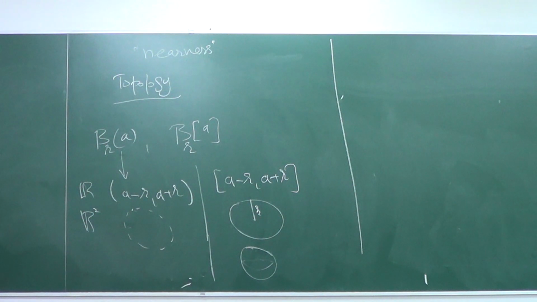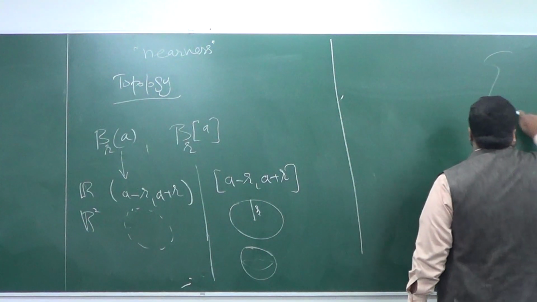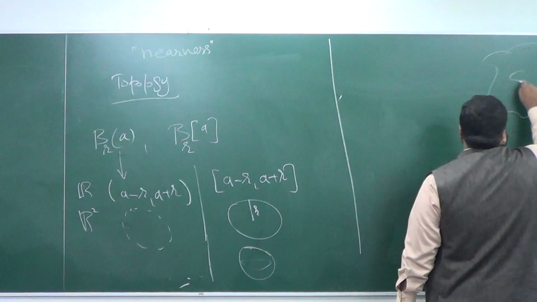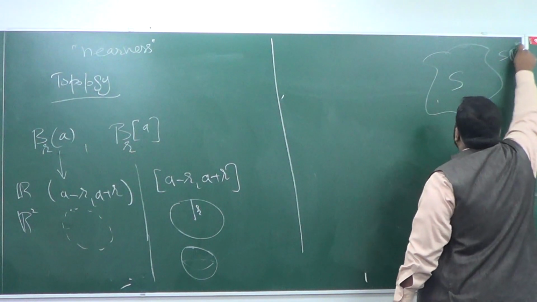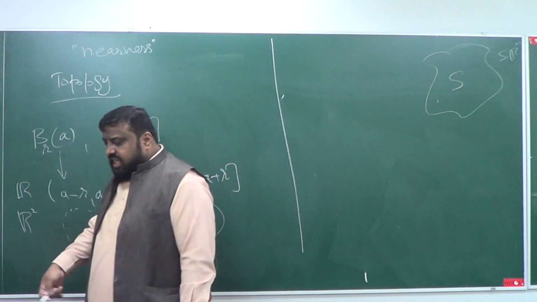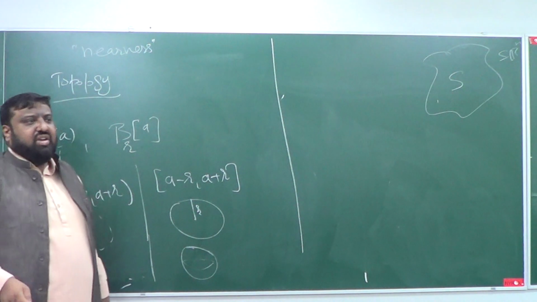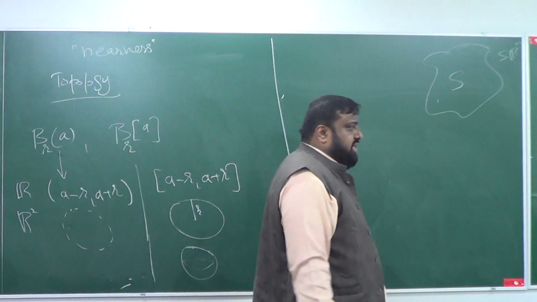Is it making sense? Then we defined that if you have an arbitrary subset S of Rn, though I'm making the pictures in 2 dimensions, you have to keep in the back of your mind that you are talking about an n-dimensional object.